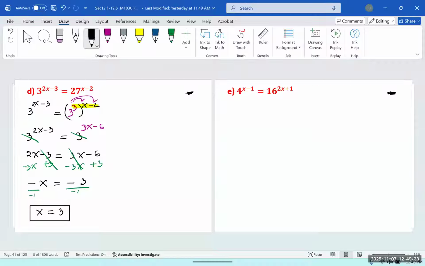Any volunteer for E? Jannah. Well, x plus 2.